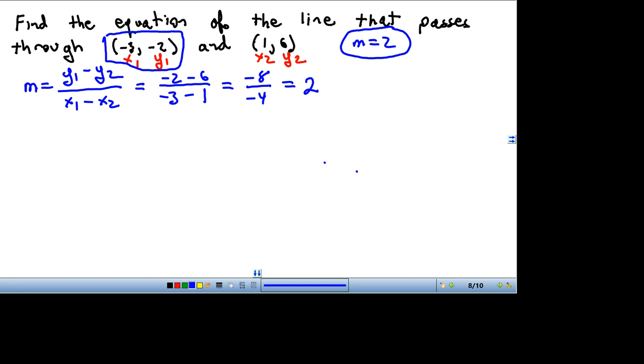Point-slope form, and you should know this by heart now. y minus y1 equals m times x minus x1. Booyah. Plugging things in. I know my slope is 2. I know my x1 is negative 3. And I know my y1 is negative 2.